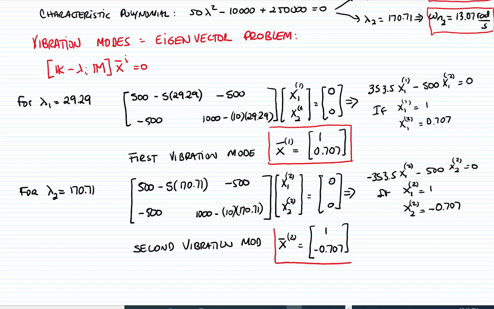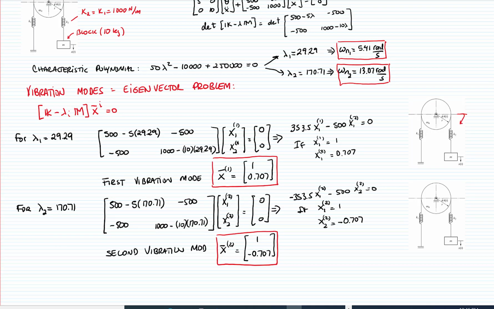And if we want to physically see what those represent, it means that when I rotate my disk unity, then the block moves 0.707 in the same direction. And the second one means that if I rotate this one unity, the block moves in the opposite direction, 0.707. And that represents the solution of this problem.